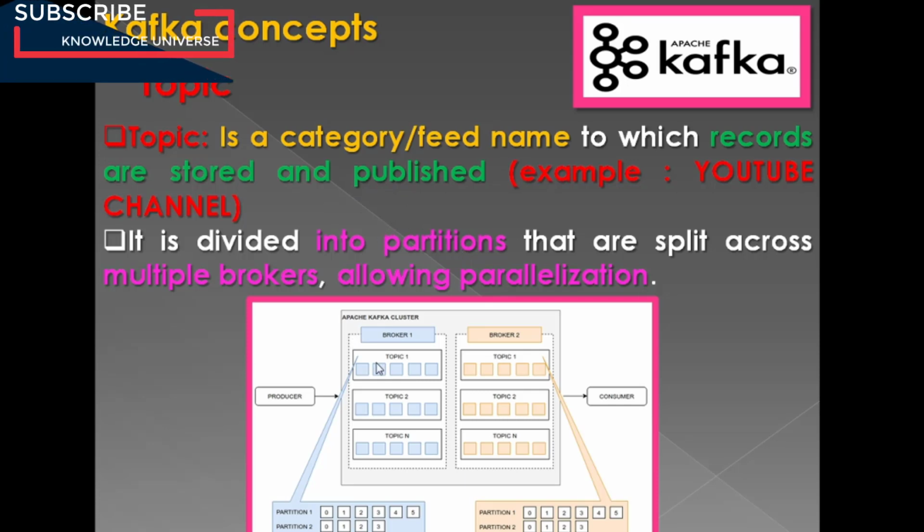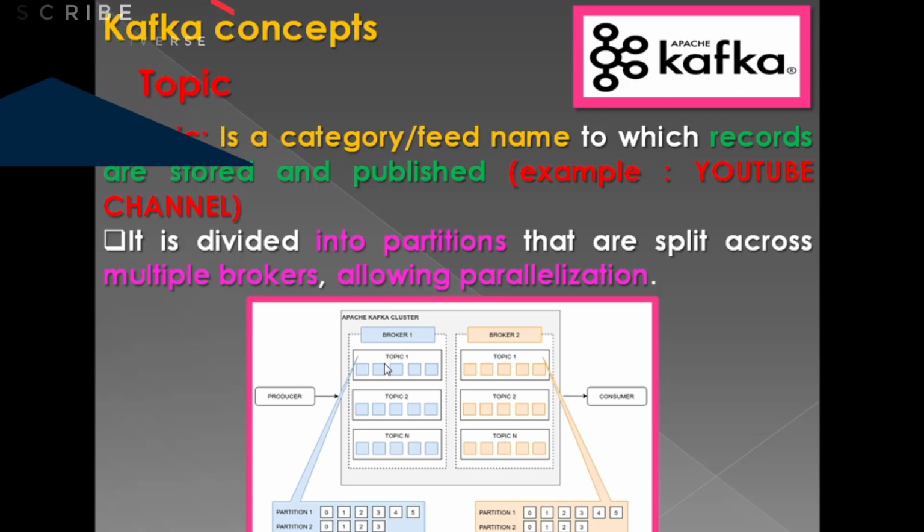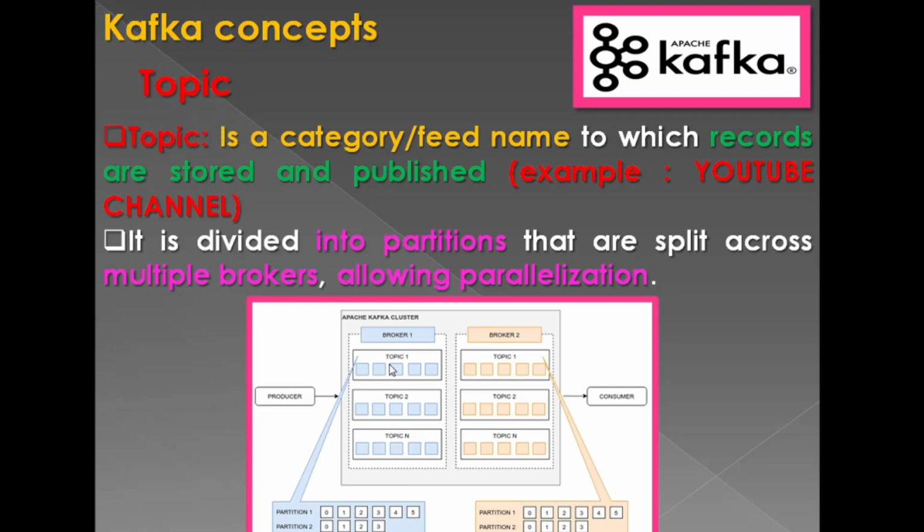So here, for example, in the first broker, we have three topics, the first, the second, and the third. And in the second broker, I have also three topics. And here there are partitions, for example, here 5 partitions per topic.